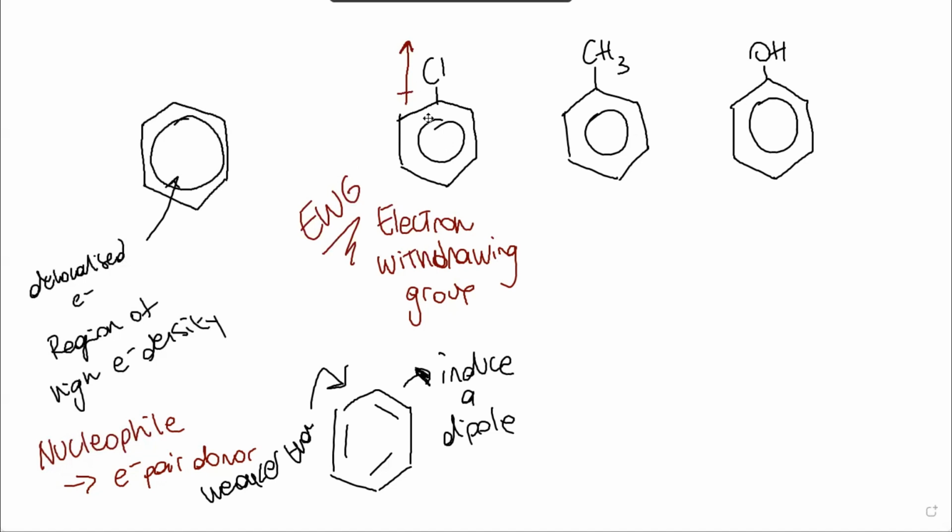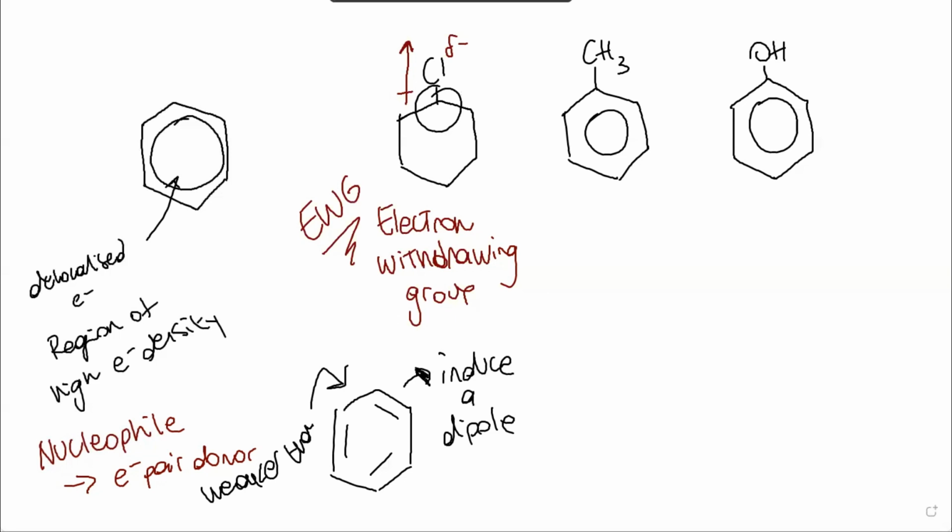Because it takes electron density towards itself, it would make the ring less negative. So if the ring is less negative, it's going to be a weaker nucleophile, because electron density is taken away from the ring.